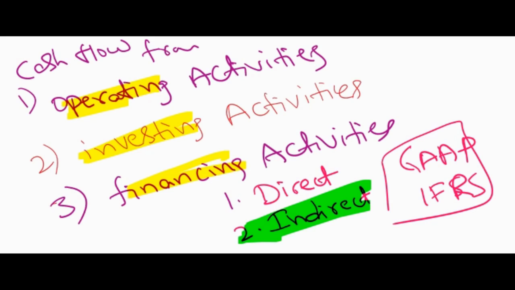We will look into details about how we can prepare the indirect cash flow statement. But before that, let us look at what is covered under these three types of activities.